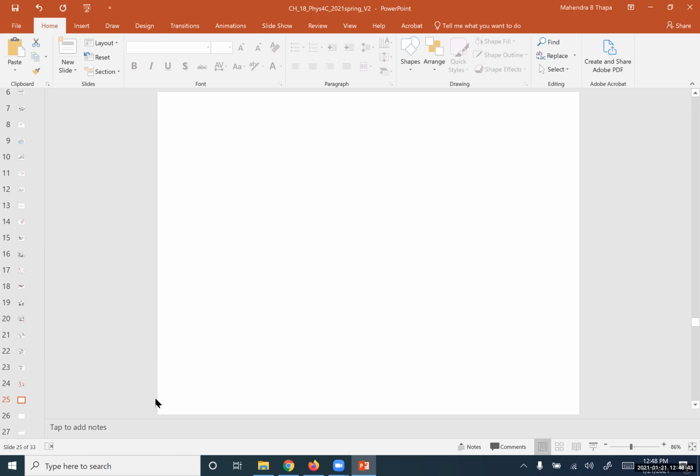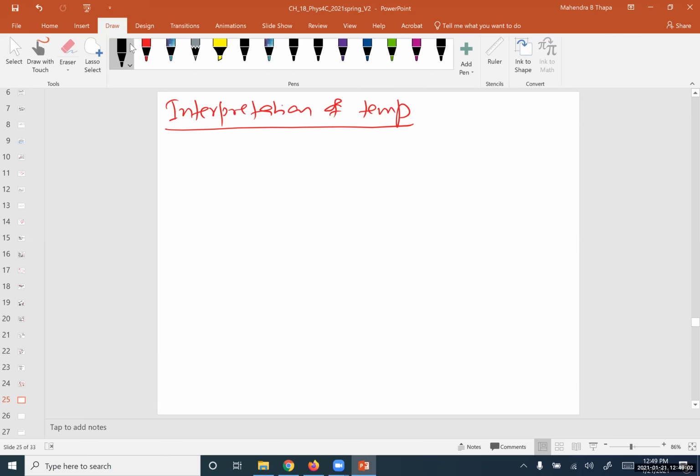Now I'm going to enter the prediction of temperature based on the kinetic theory of gas. So let's start with the equation P equals 1 over 3 rho v squared RMS.